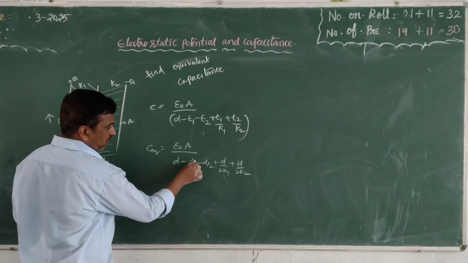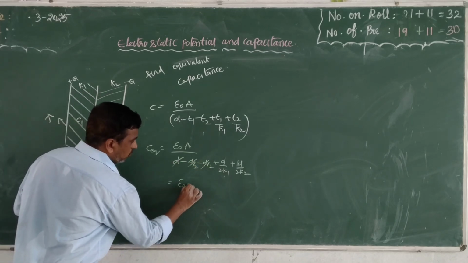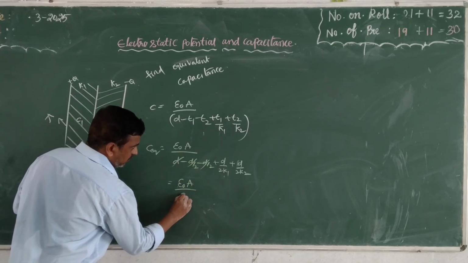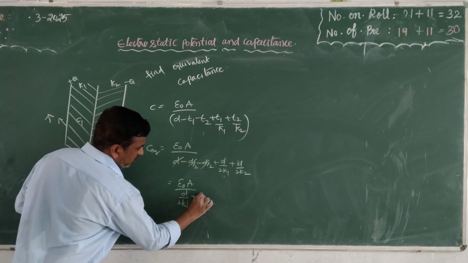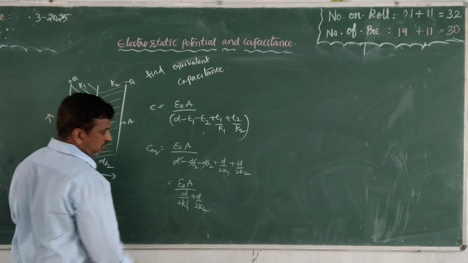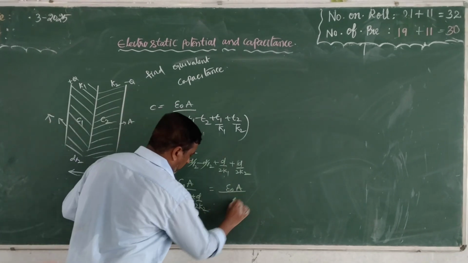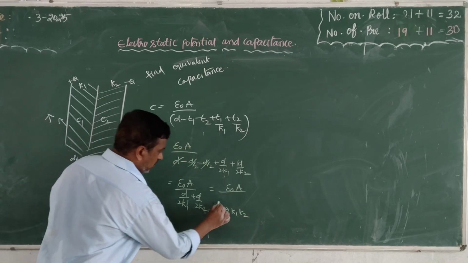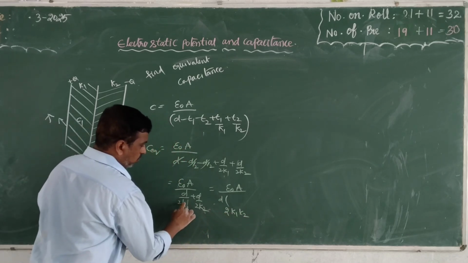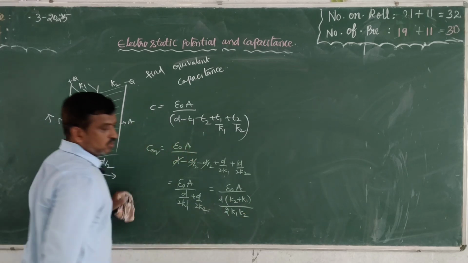See here, D minus D by 2 minus D by 2 cancels. What we get is epsilon naught A by D by 2K1 plus D by 2K2. Taking the LCM 2K1 K2 and D common, we get K2 plus K1 by 2K1 K2.